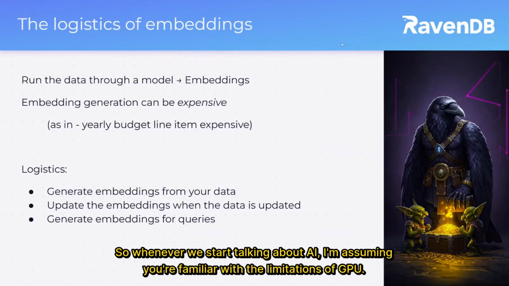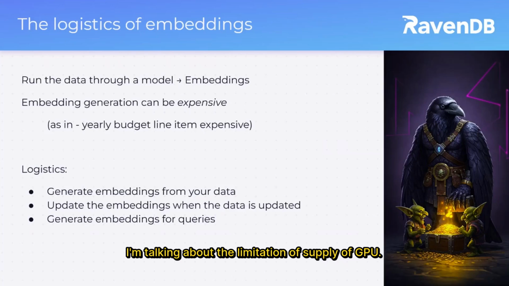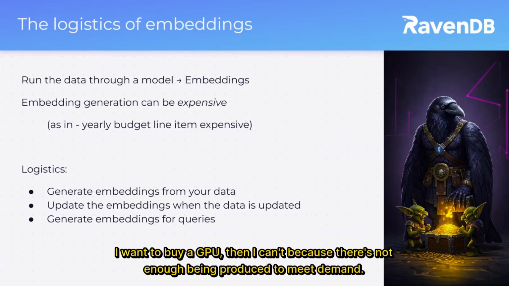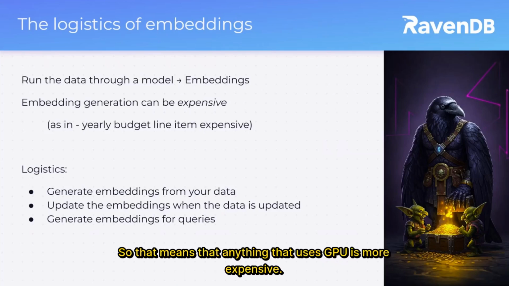So whenever we start talking about AI, and I'm assuming you're familiar with the limitations of GPU, I'm talking about limitation of supply of GPU. I want to buy a GPU, then I can't because there's not enough being produced to meet demand. So that means that anything that uses GPU is more expensive.